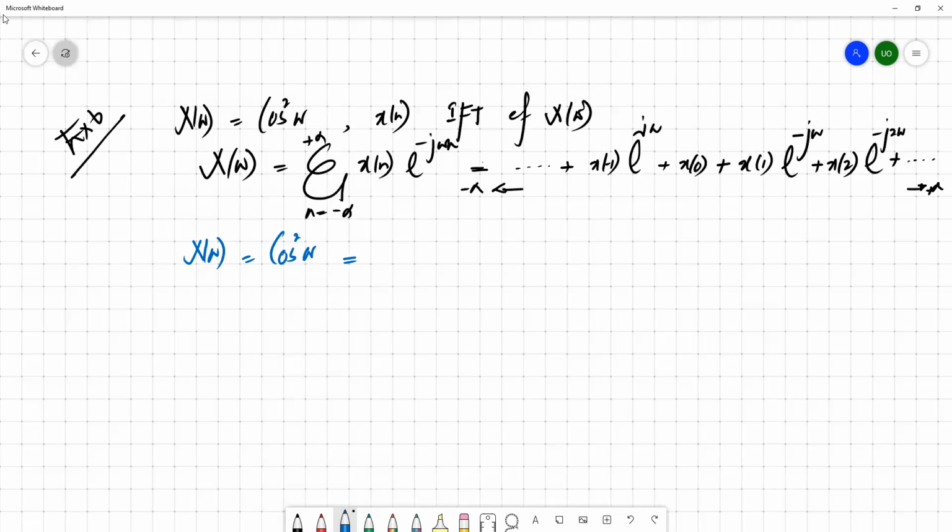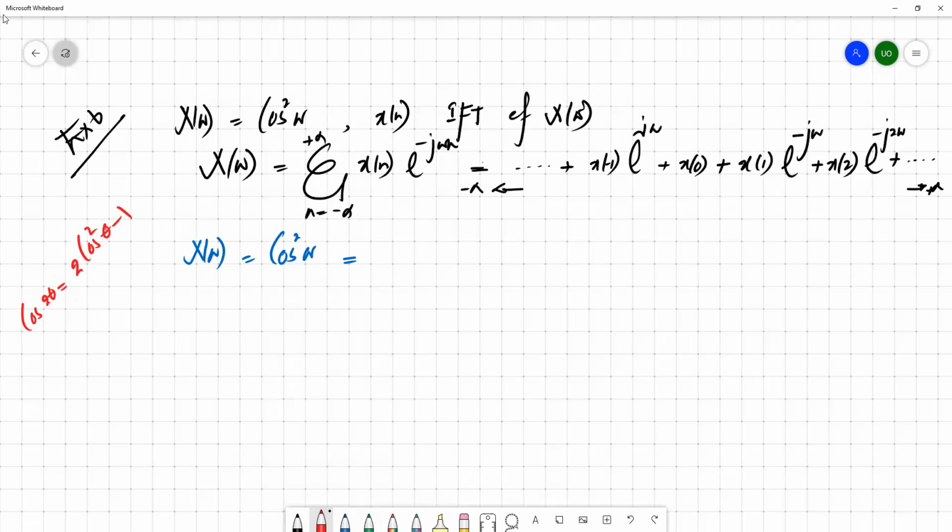You can convert this because you know that cos 2 theta equals 2 times cos squared theta minus 1.